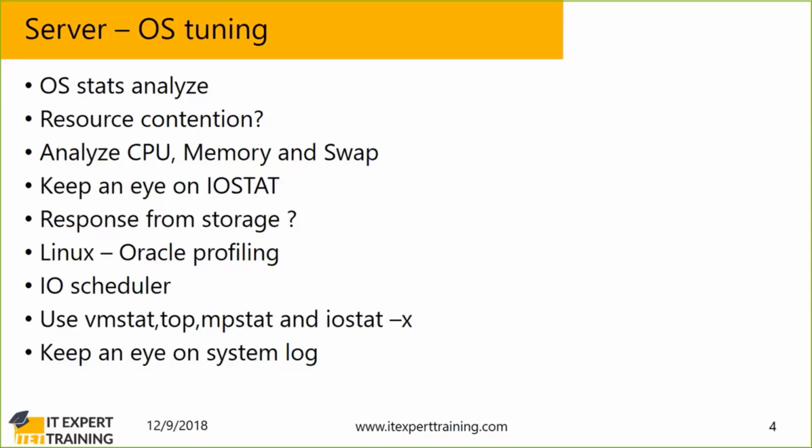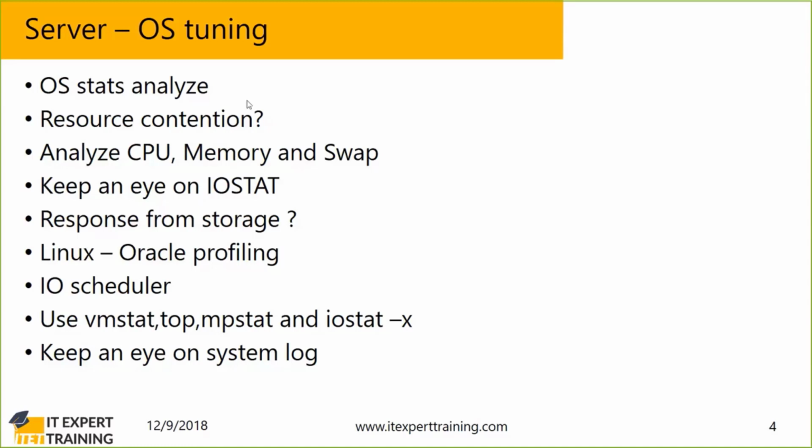Up to Red Hat Linux 5, we had to make many OS level parameter changes to help the database behave correctly. But starting with Red Hat Linux 7, Red Hat itself gives certain profiles to be set for Oracle databases.